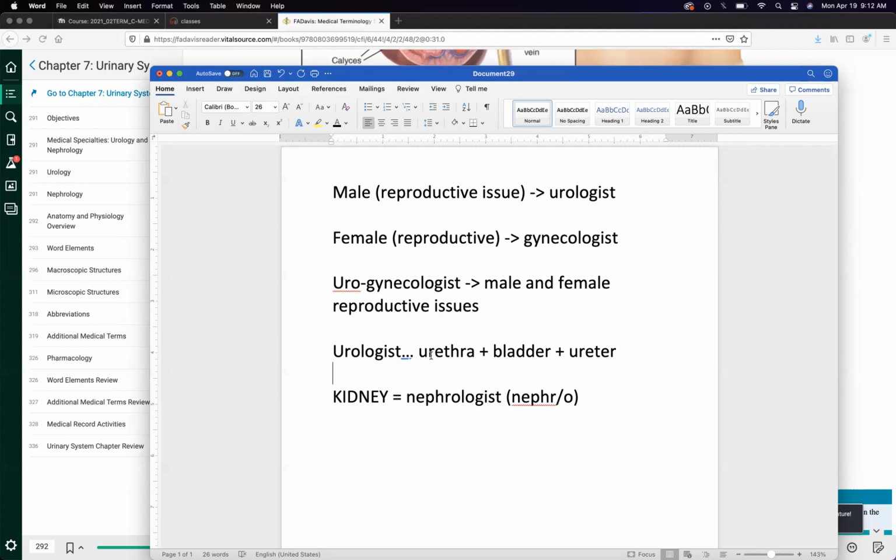If I have a female patient that has a UTI, urinary tract infection, at the level of the urethra, bladder, or ureter, then they go to the urologist. But if I have a female patient that has a kidney problem, they go to the nephrologist. Okay. And the same could be said for the male, right?